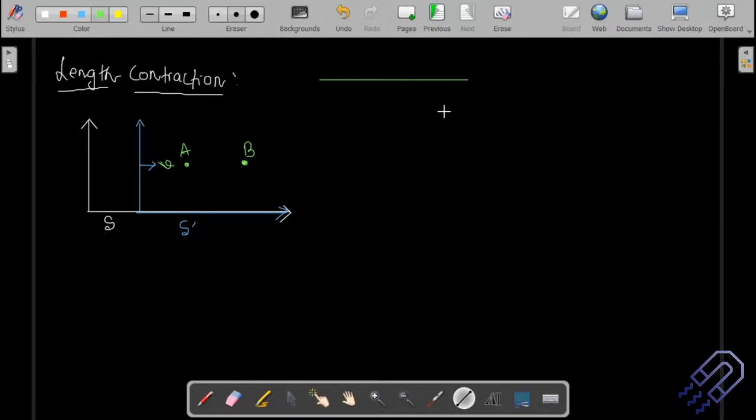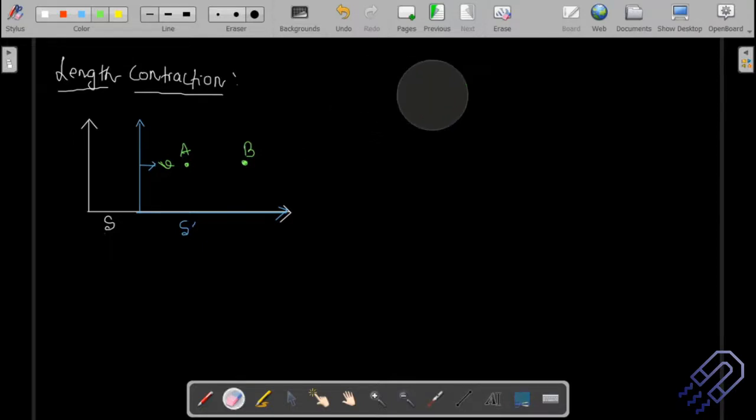But that's not the case. It might be that we basically have two pillars, and I'm measuring the distance between them. So that can also come under the effect of length contraction, right?